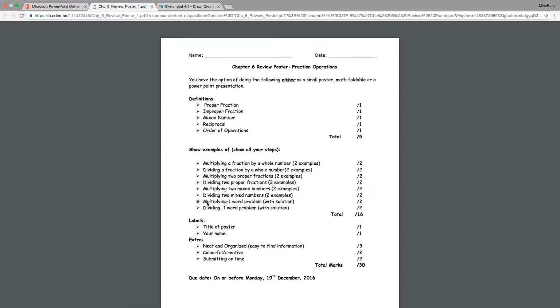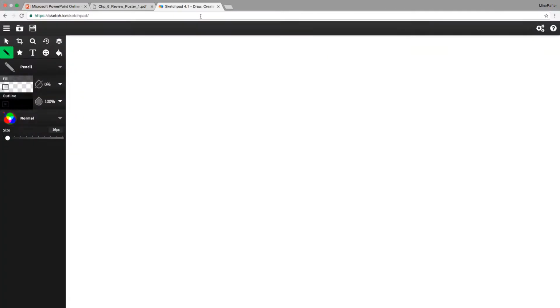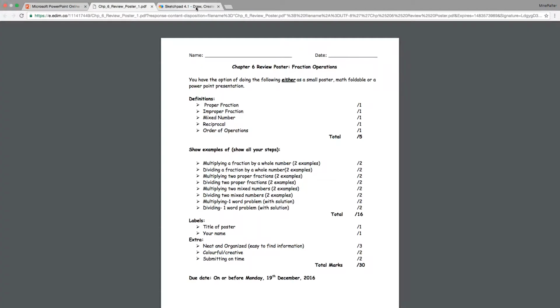Okay, so now I'm going to be showing you how to multiply two mixed numbers. Okay, so let's go 2 and 4 over 6. I mean, not 2 over 4. The 2 is the whole number beside the fraction. So then is it multiply? Yeah, it's multiply.